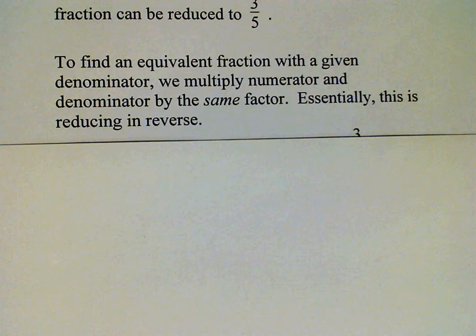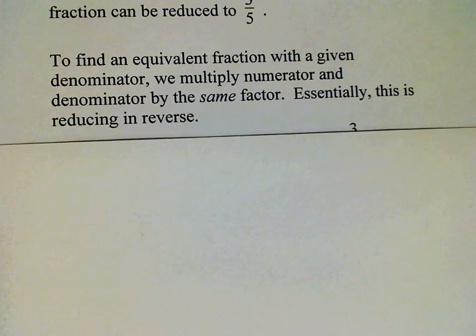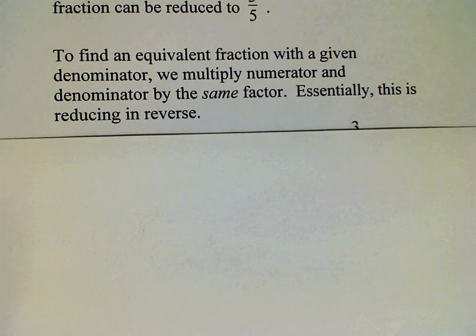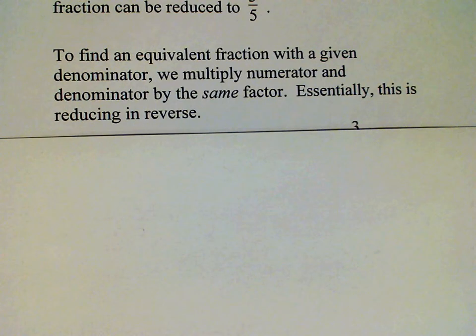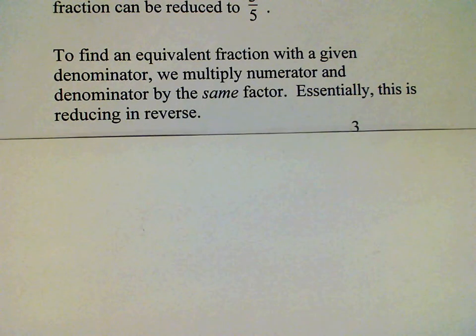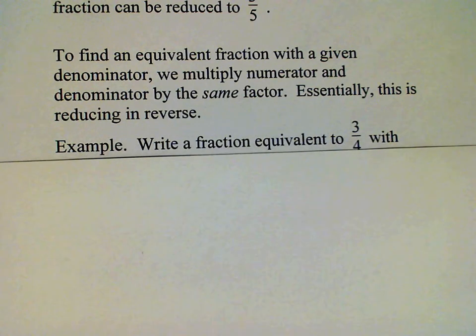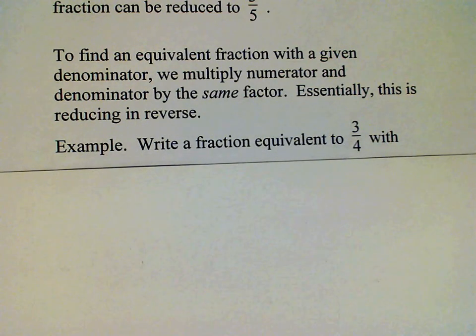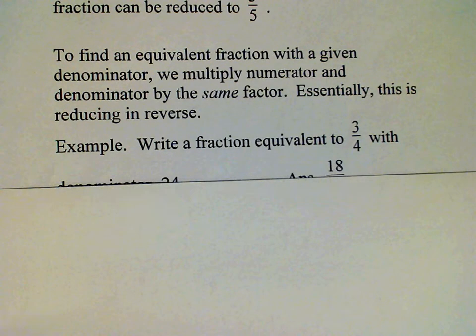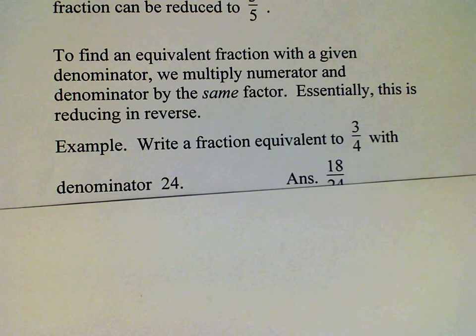So instead of removing a common factor between numerator and denominator, we're building up the numerator and denominator with the common factor. For example, we need to write a fraction equivalent to 3/4 with denominator 24.